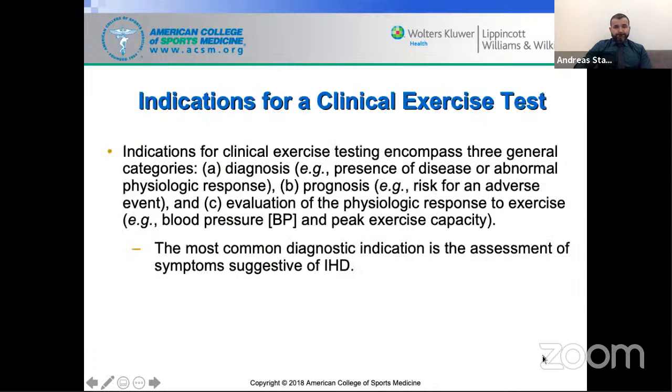The indication for clinical exercise testing encompasses three general categories. First one, diagnosis. Prognosis. The difference is that with diagnosis we're trying to figure out what we have, right? Prognosis is what's going to happen in the future, 5-year prognosis, 10-year prognosis, or just evaluation of the physiological response to exercise.